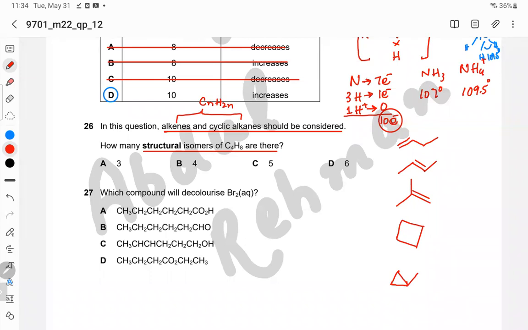So in total, if you work on all of these five, you will find that all of these have the same molecular formula C4H8 because they all have the same general formula CnH2n. Is this understandable to everyone? So how many isomers did we get? 5. So it means C is our correct answer. Yes, is this clear?